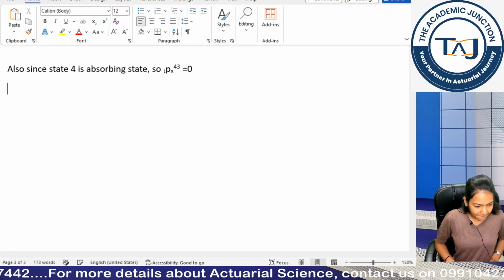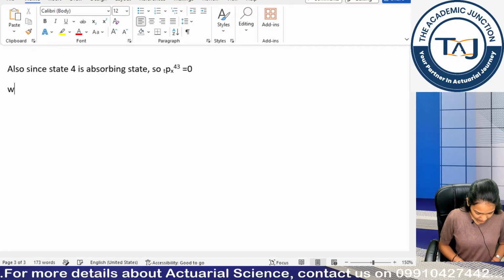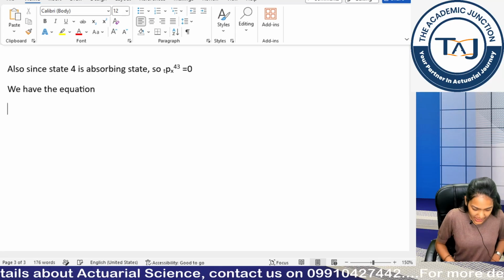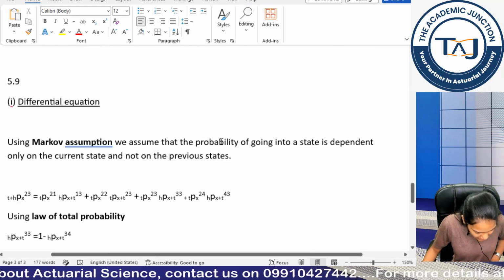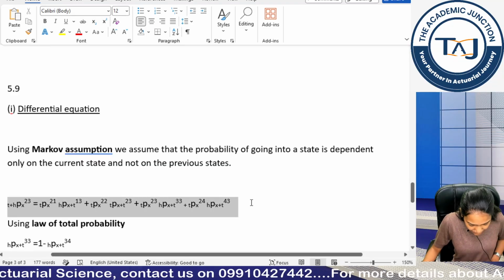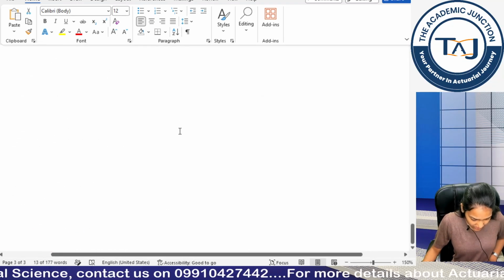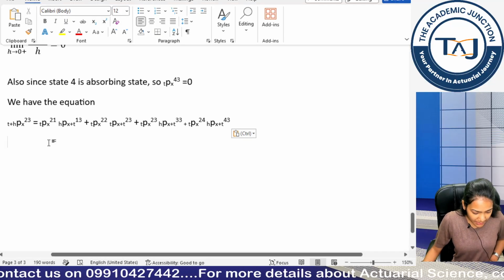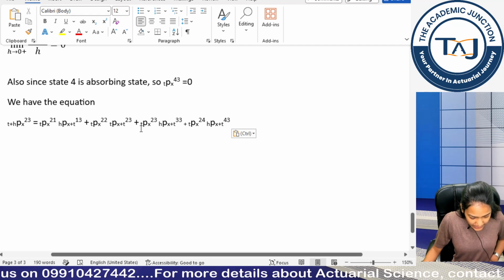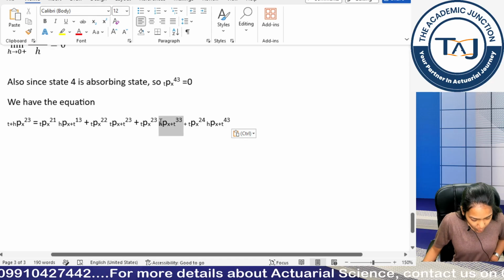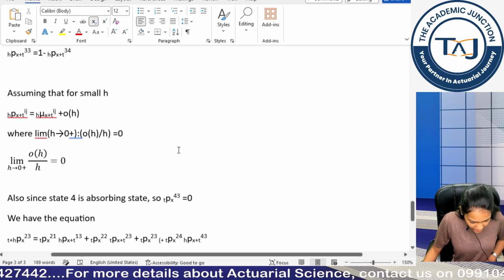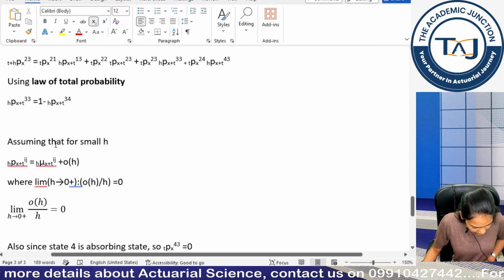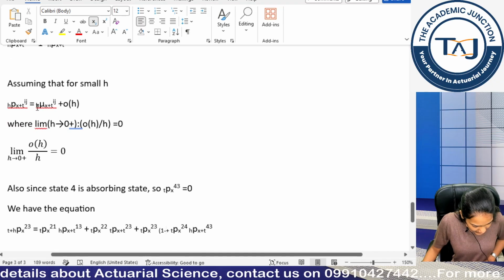Then I write, we have the equation. Now I need the same equation as above, just need to substitute some of the values. So it's very, very easy and convenient to copy paste the whole equation. Okay. So T plus X 23 remains same, this remains same, this remains same, this remains same. This will change to 1 minus, so this will change to basically 1 minus the assumption we took above, okay, basically this.